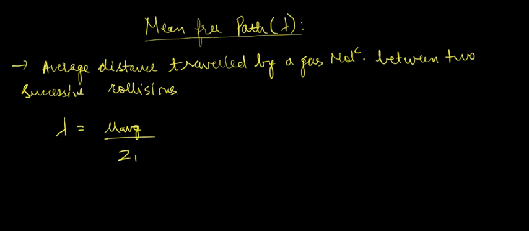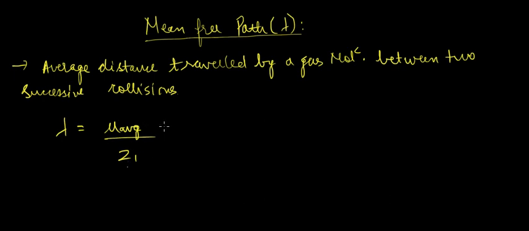So in this case, we are defining mean free path with all the gas molecules moving, but at a single point of time. At the time of collisions, both are moving, and the total number of collisions by a single gas molecule would be Z1.